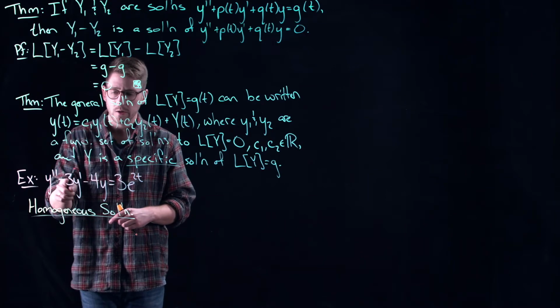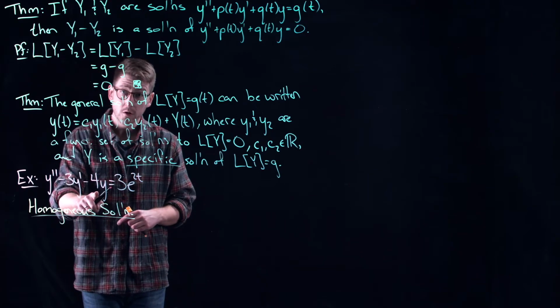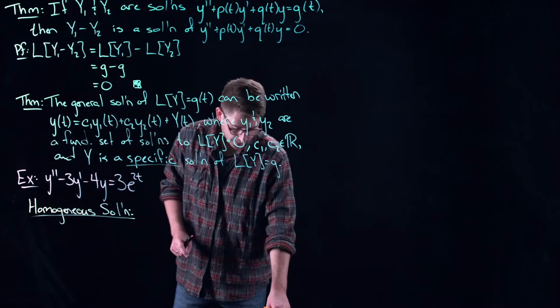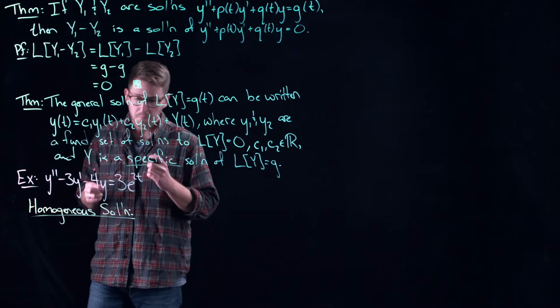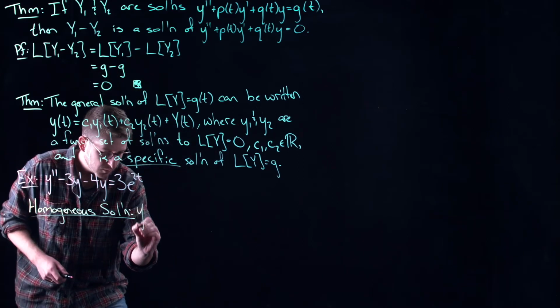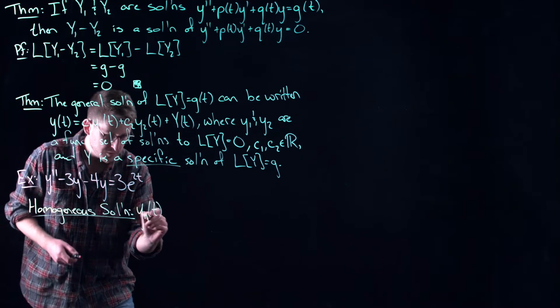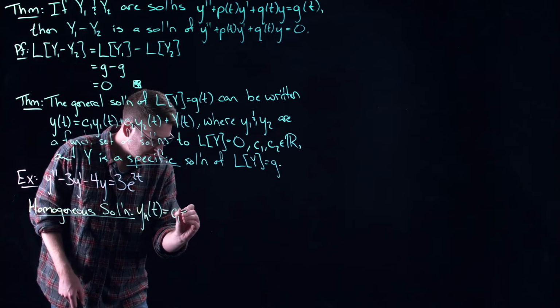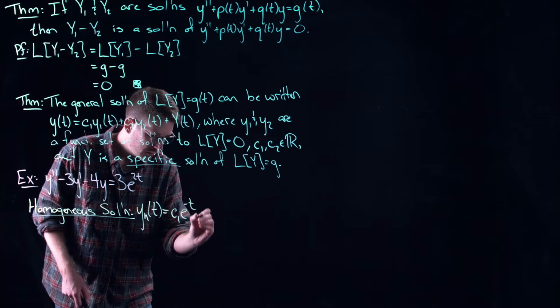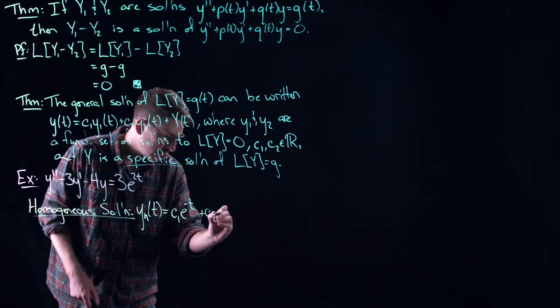That's going to be r squared minus 3r minus 4, which in our case has roots given by -1 and +4. So we get y sub h, representing homogeneous, is equal to c1 e to the minus t plus c2 e to the 4t.